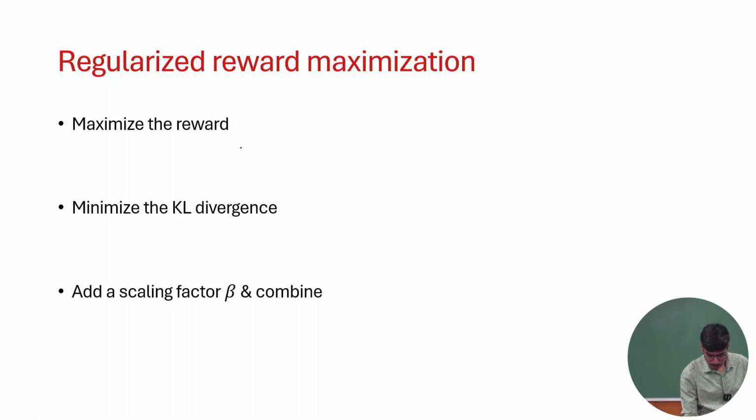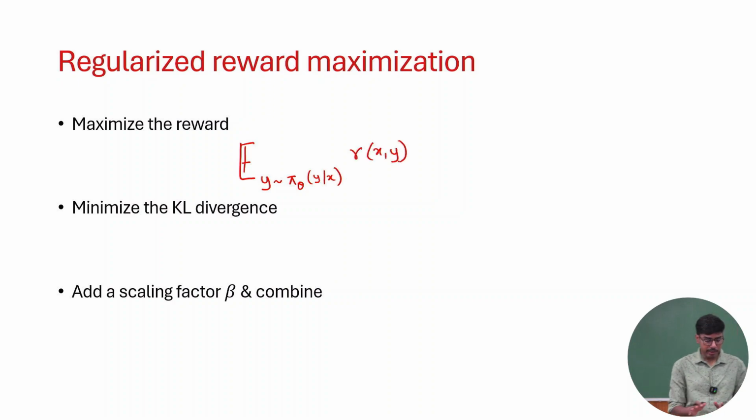So your policy is pi theta, and if I sample an output from that pi theta, the reward of that output on an average should be high. This is what it means to maximize the reward.